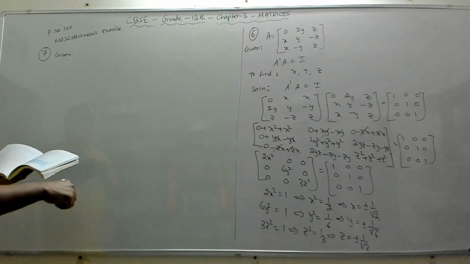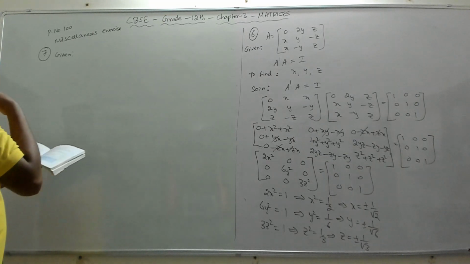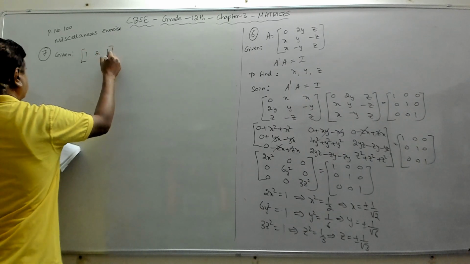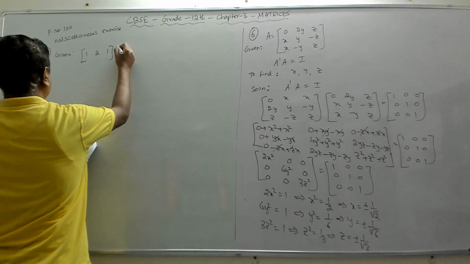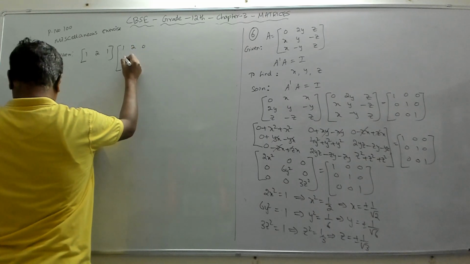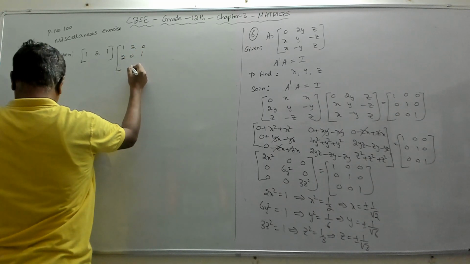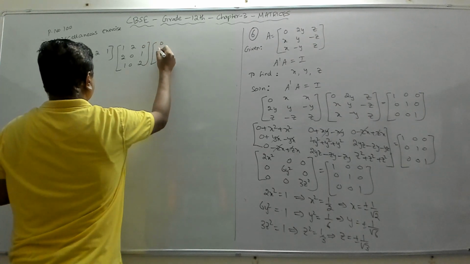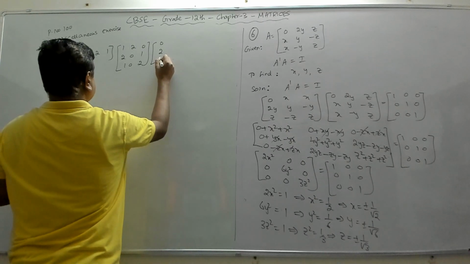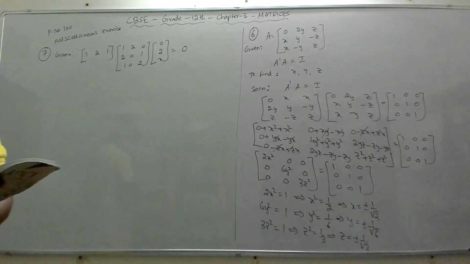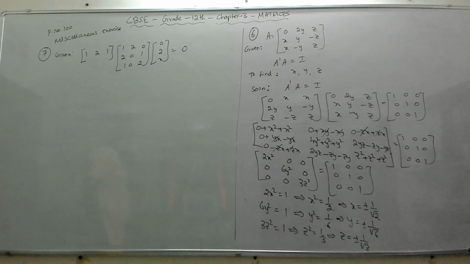Given is the matrix 1 2 1, into the matrix 1 2 0, 2 0 1, 1 0 2, into another matrix 0 2 x, equal to the zero matrix. Now we have to find the value of x for which this is true.